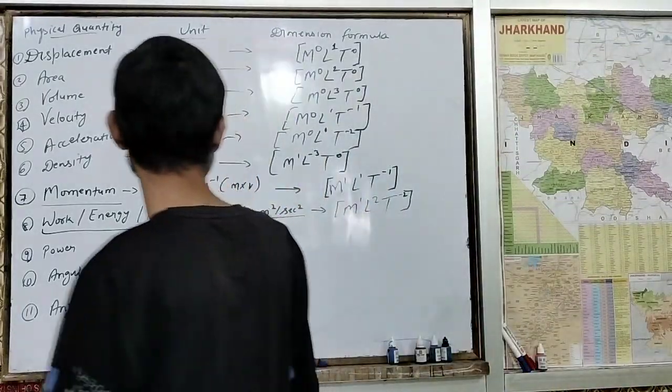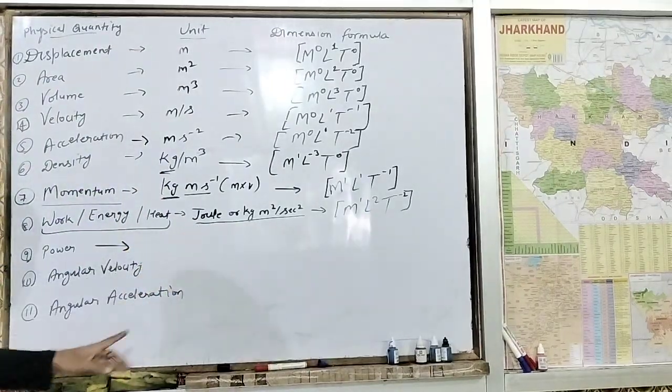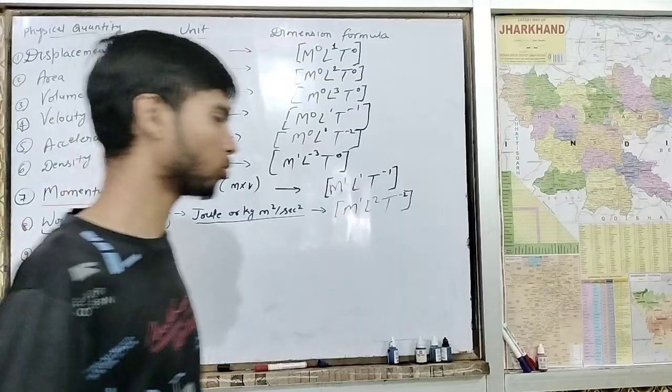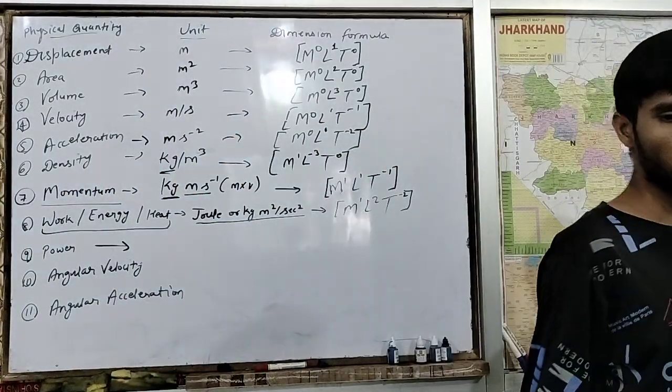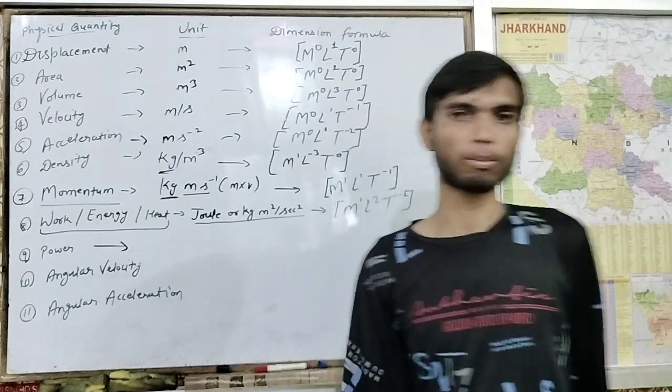Now next we have power. There is one twist coming in the angular velocity. Here, power. What is the unit of power?